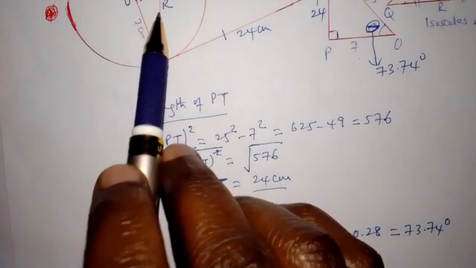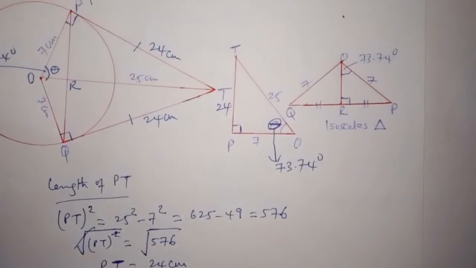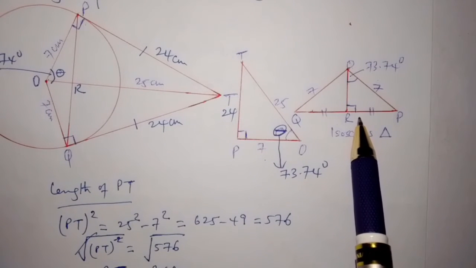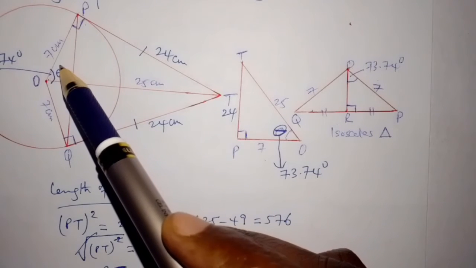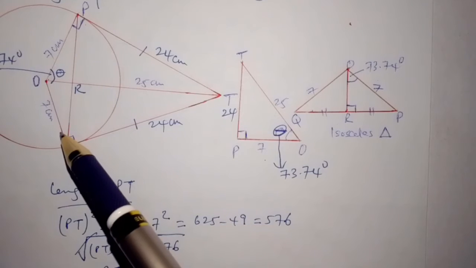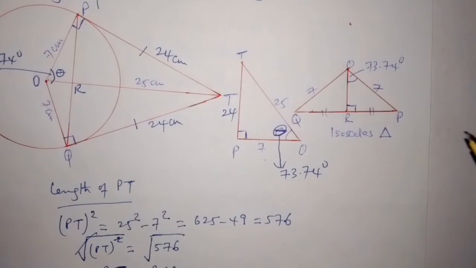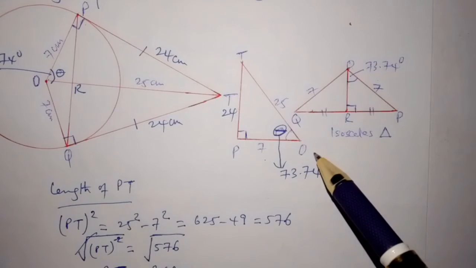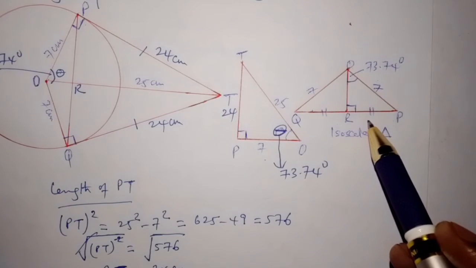We can draw a diagram like this one here. We separate this triangle and put it in this sketch. So this is Q, this is P, this is O here. So our PR will be here.